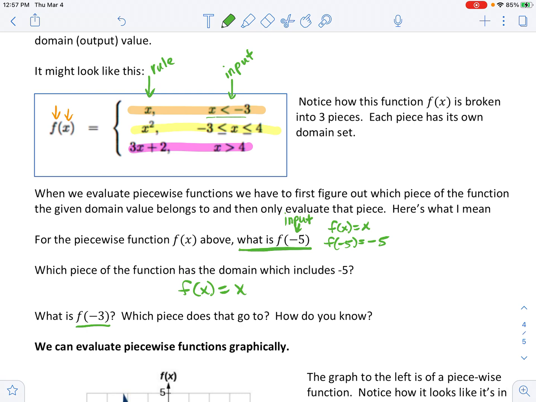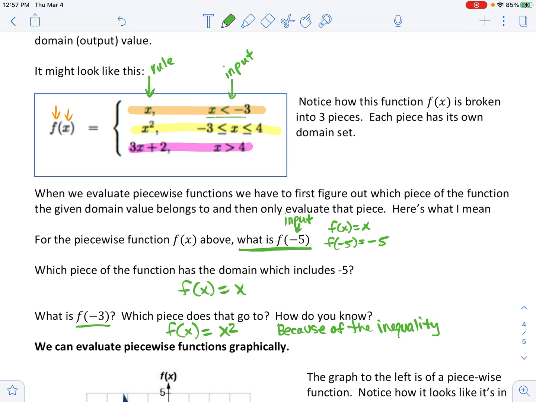So if the input is -3, then it's equal to -3, and we have to use the second piece of our function, f of x equals x squared. And how do we know? Because of the inequality symbol.